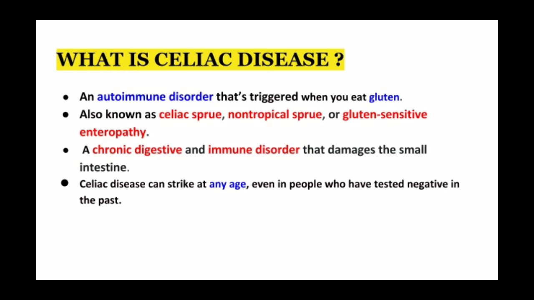We'll call it gluten sensitive enteropathy because it is a gluten sensitive disease. It is triggered due to gluten, and it damages our enteric system. Enteric system means digestive system, or small intestine, which is affected due to this disease.